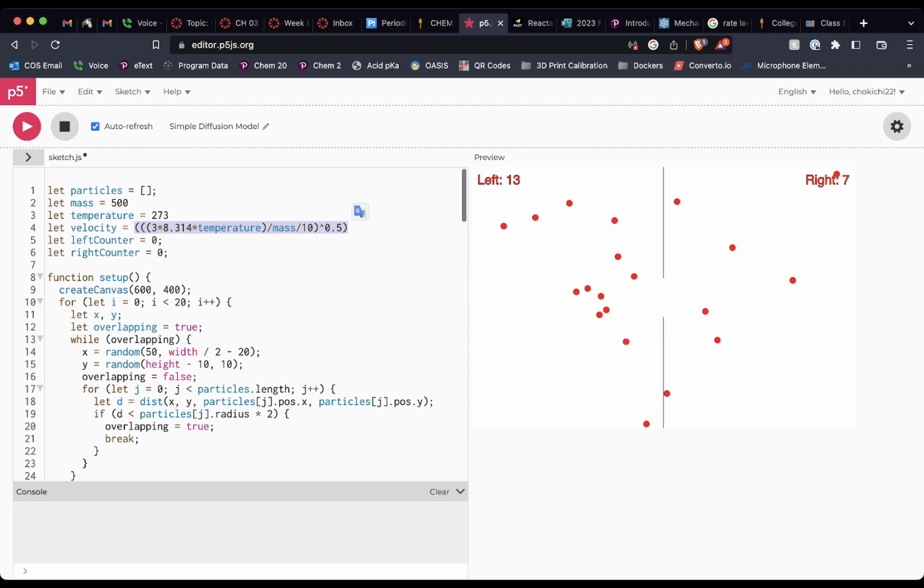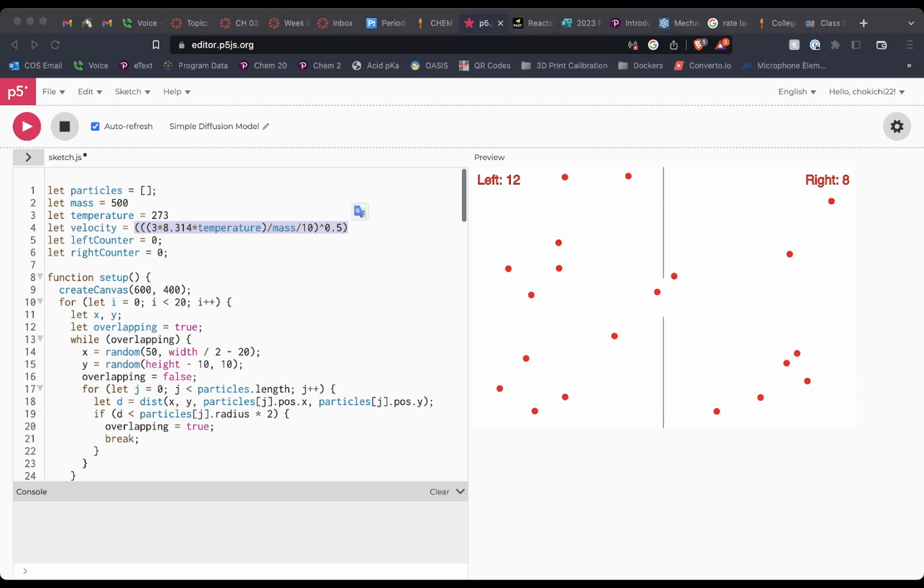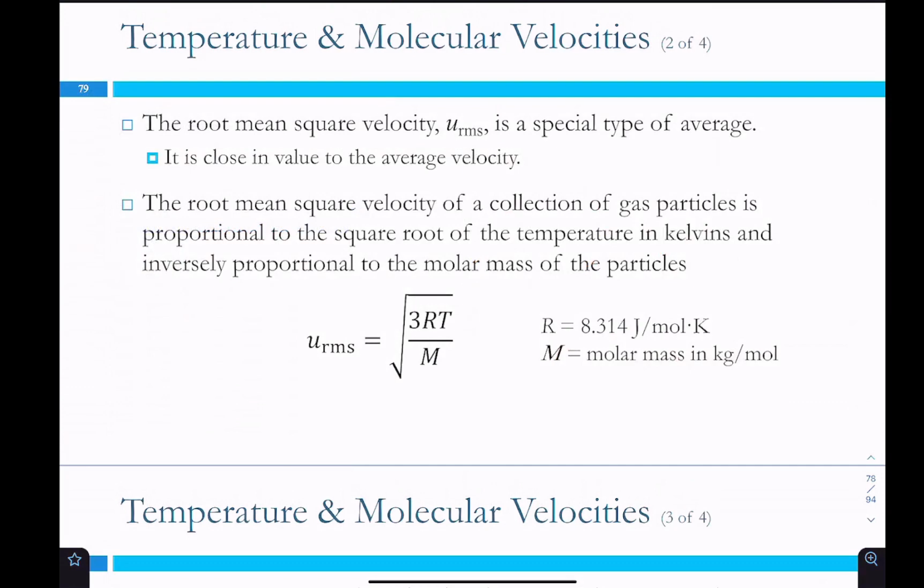And then the square root of all that. It's probably because the box is too small. I need to make it a bigger box. So using this equation, we can calculate the average velocity of all of the particles, just based on the temperature and the molar mass.